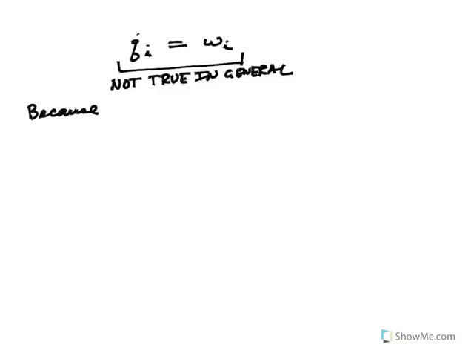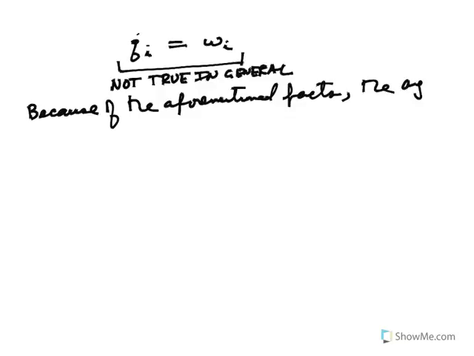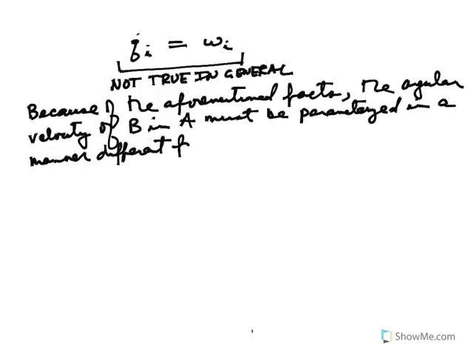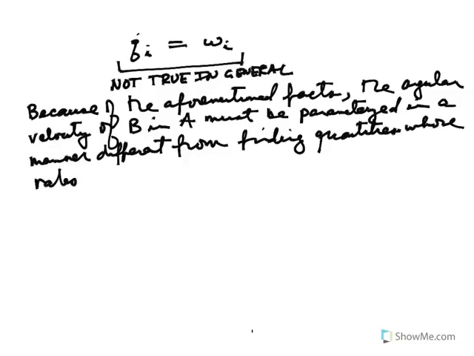Because of the aforementioned facts, the angular velocity of B in A must be parameterized in a manner different from finding quantities whose rates of change are the components of the angular velocity.